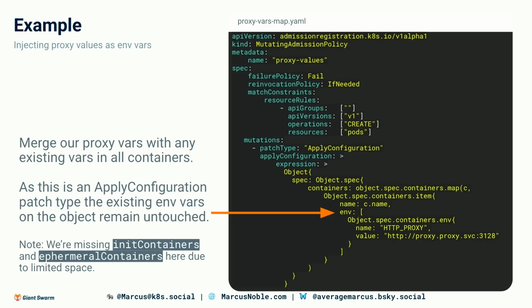Let's just pretend this is a thing that runs within the cluster. So now all of the containers that get created, all of the pods get created, will have this environment variable automatically injected, and then nobody needs to know what the HTTP proxy details are. They just get added automatically. Now, in this example, we are missing init containers and ephemeral containers, just because I haven't got the space to fit it all on here. It will be tiny text otherwise.